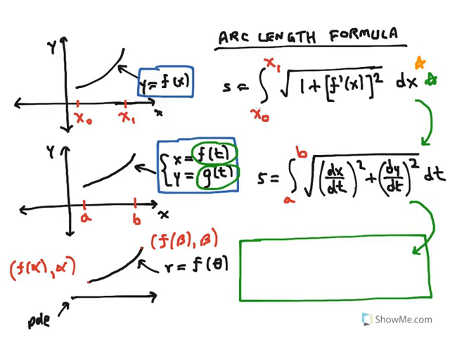So let's take a look at how we can get the integration formula for arc length when you have an arc that's given by the graph of a polar equation on the interval from theta is equal to alpha to theta is equal to beta.